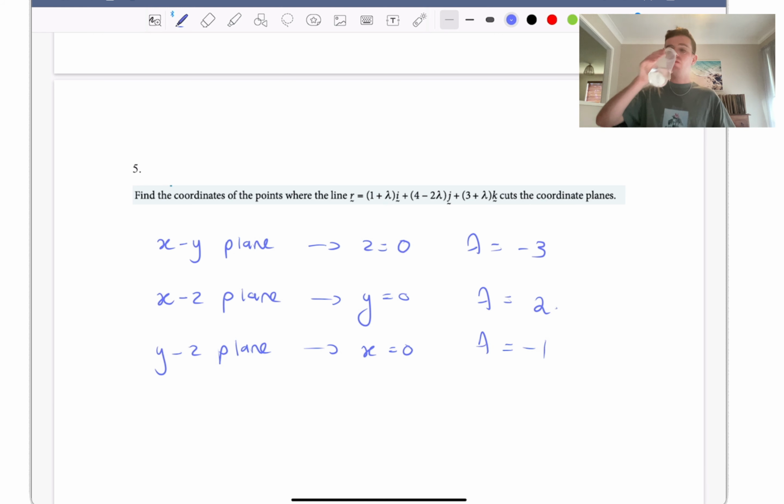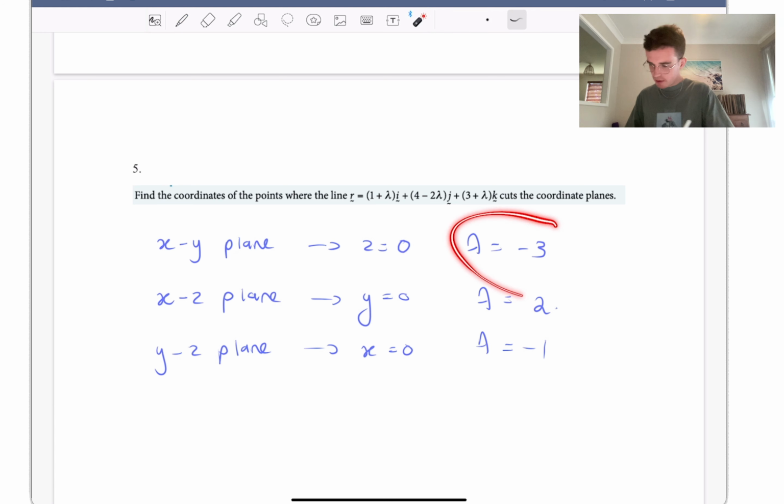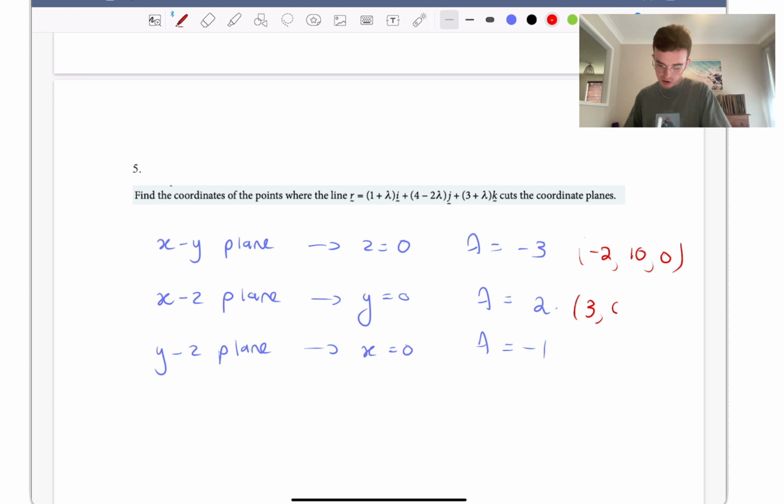Now let's find those points. So if we set lambda to be minus 3, you're going to get the point minus 2, 10, and then 0. If we set lambda to be 2 in this whole equation, you're going to get 3, 0, 5. And if we set lambda to be minus 1, you're going to get 0, 6, and 2.